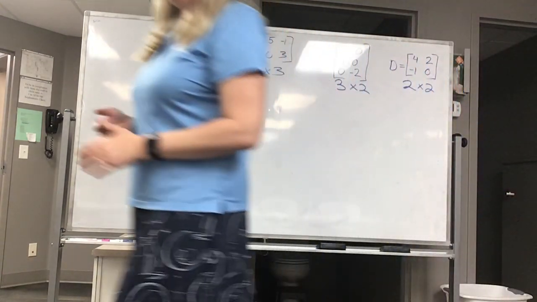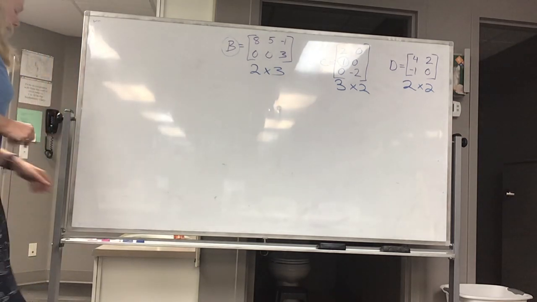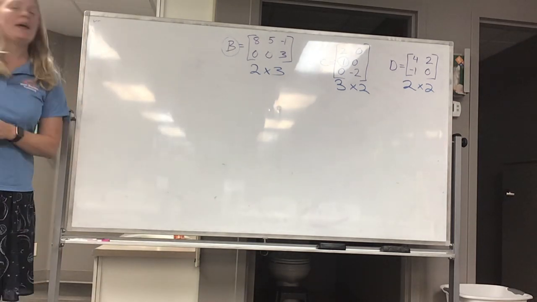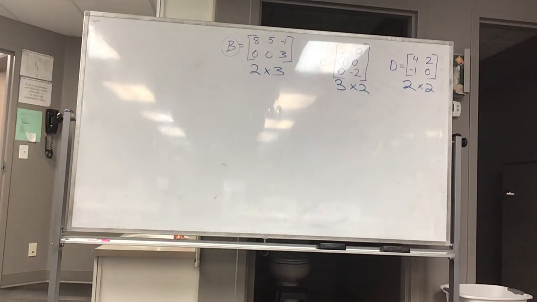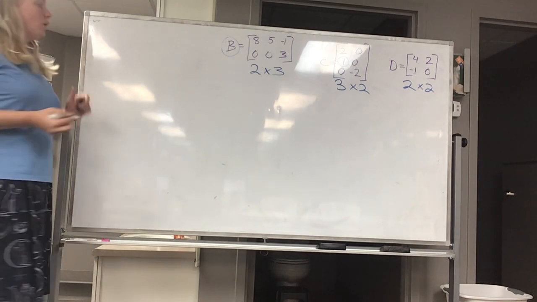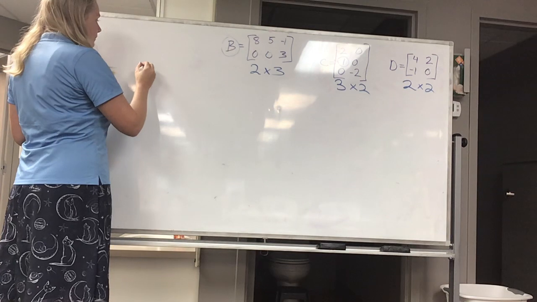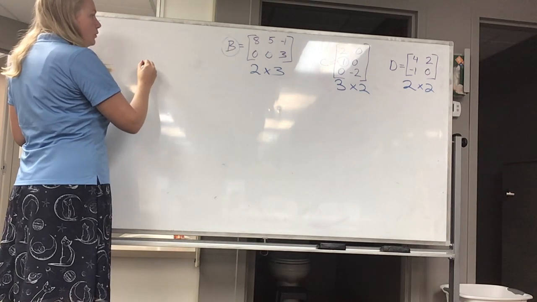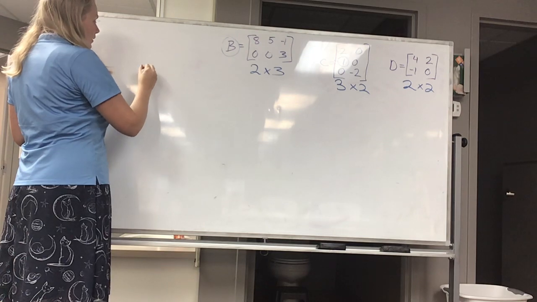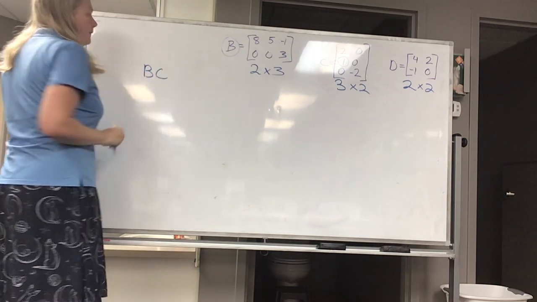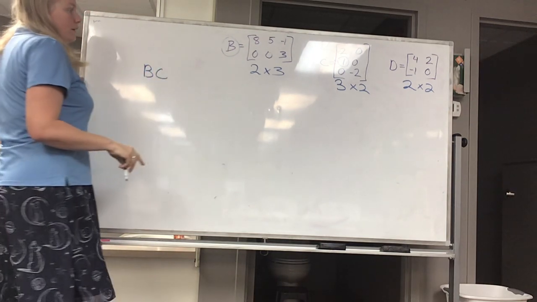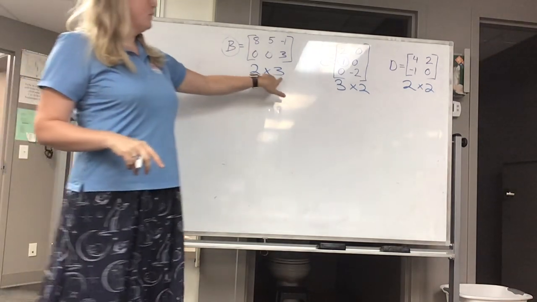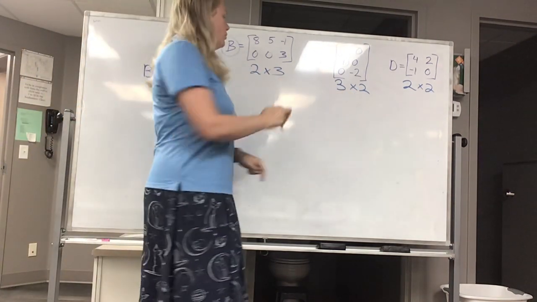The question is, what's actually happening when we multiply a matrix? So, we're going to do B times C. We've already stated this is a 2 by 3 times a 3 by 2.